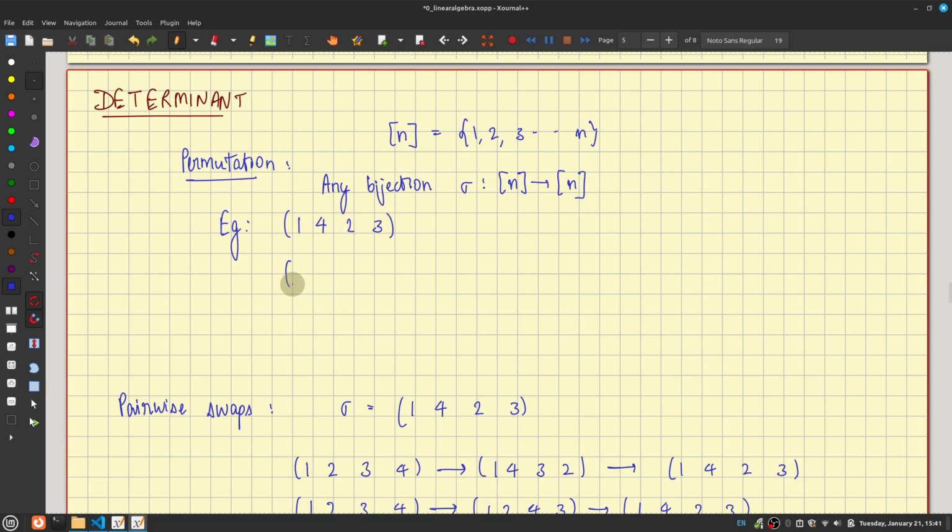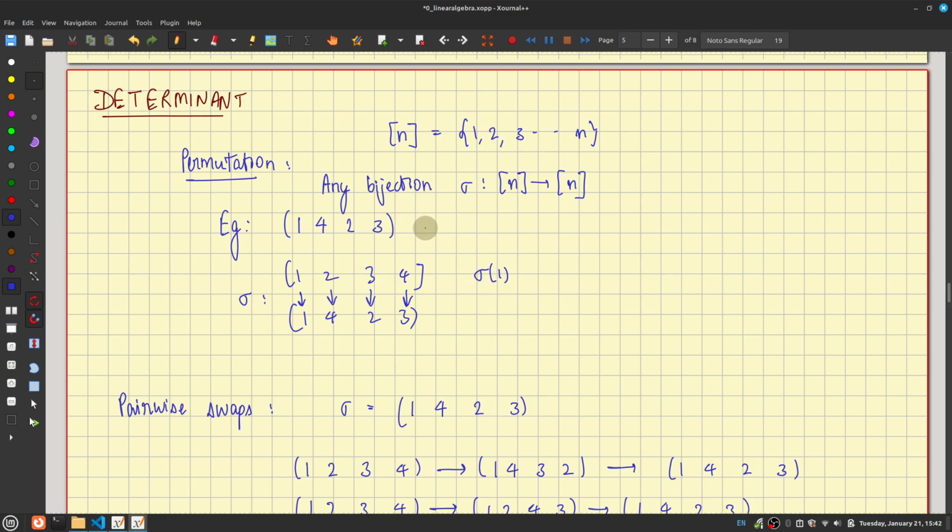So basically 1, 2, 3, 4. I can write the permutation as 1, 4, 2, 3 because 1 is mapped to 1, 2 is mapped to 4, 3 is mapped to 2, and 4 is mapped to 3. So that is what I mean by the permutation.